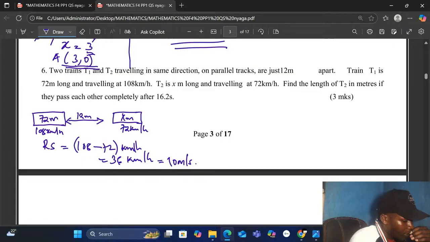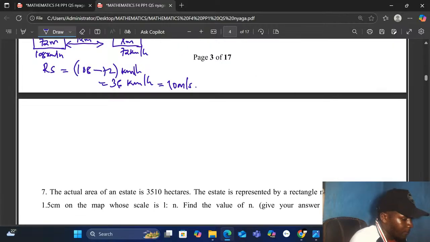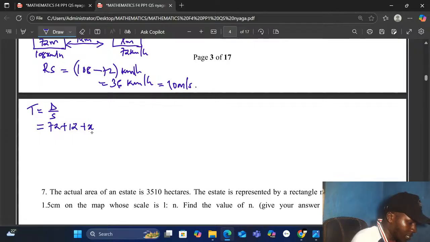Now we look for time, and time is given by distance over speed. Distance over speed, so that we have 72 plus 12 plus x, that will be the distance, divided by now the relative speed, which is 10, is equal to the time, which is 16.2.